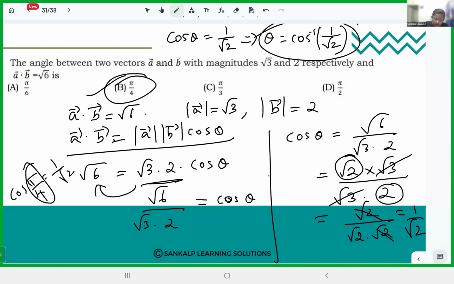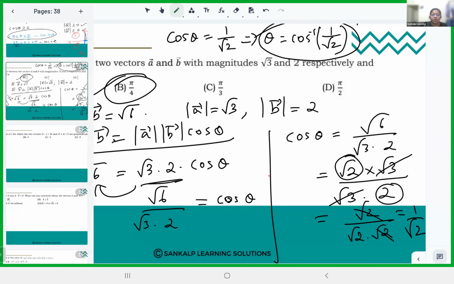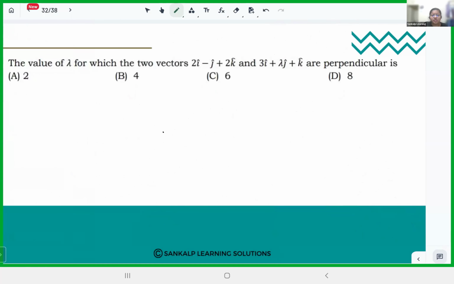Now we are moving on to our next question. The value of lambda for which the two vectors 2i minus j plus 2k and 3i plus lambda j plus k are perpendicular is. So, two vectors are perpendicular. What is the condition when two vectors are perpendicular?